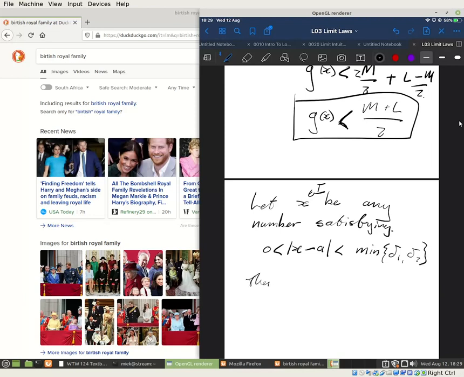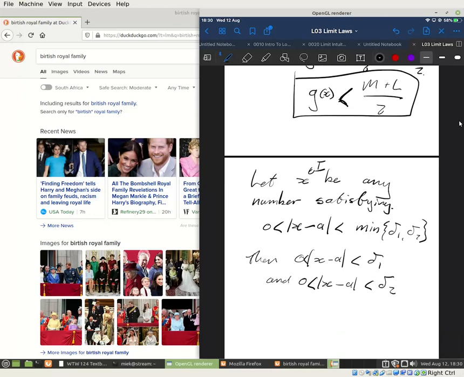Then we have the following: x minus a is less than delta, which is less than or equal to delta 1, and 0 is less than absolute value of x minus a less than delta 2.